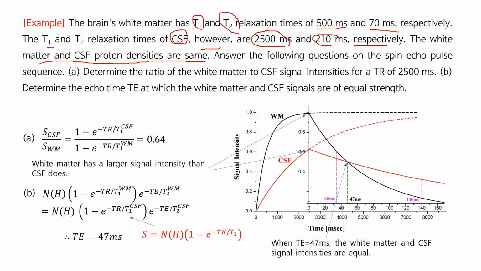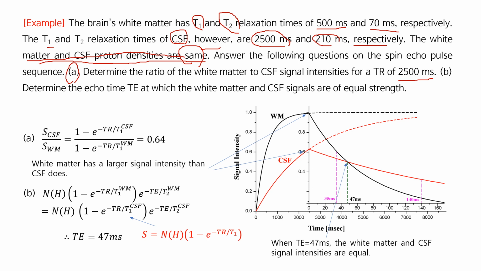Actually slightly different, but we assume that the proton densities of these two tissues are the same. Answer the following questions on the spin echo sequence. First question, A. Determine the ratio of the white matter to CSF signal intensities for a TR of 2500 millisecond.